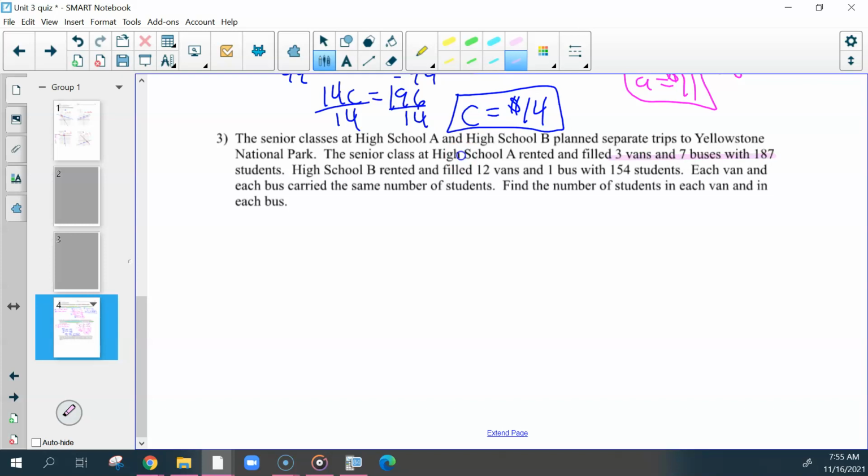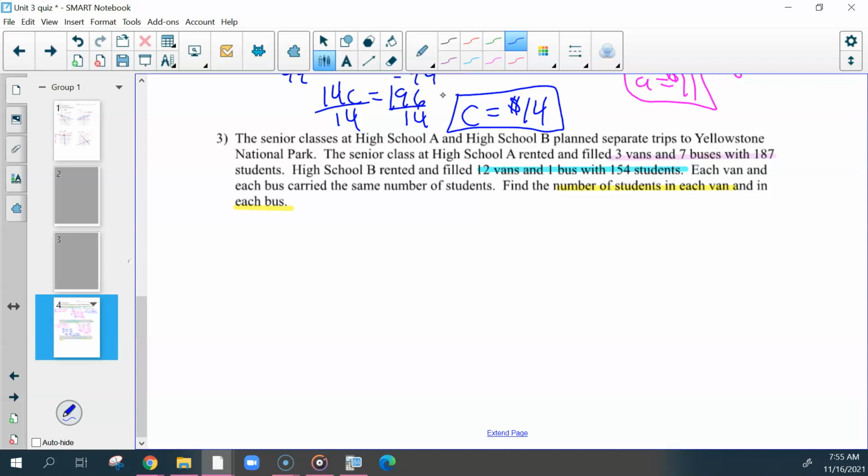High school B rented and filled 12 vans, 1 bus with 154 students. Kind of important that each van and each bus carry the same number of students, not like the van and bus together both carry the same, but like each van carries the same and each bus carries the same. And we're looking for the number of students in each van and each bus. So those would be your 2 variables.